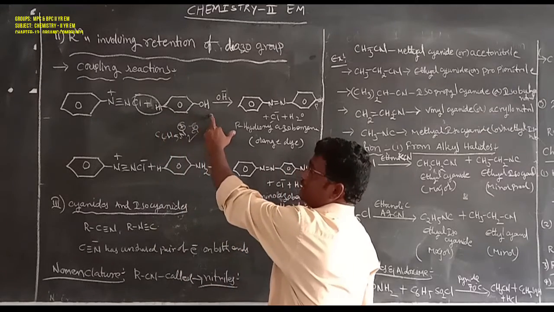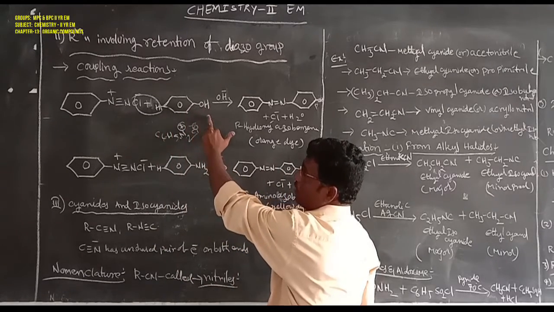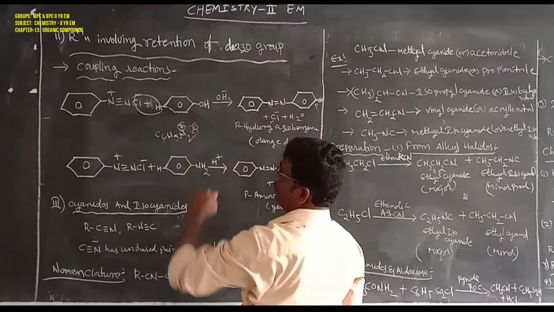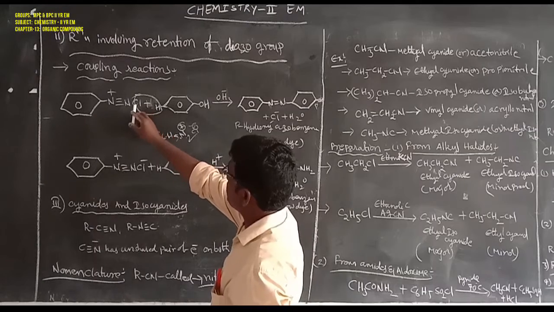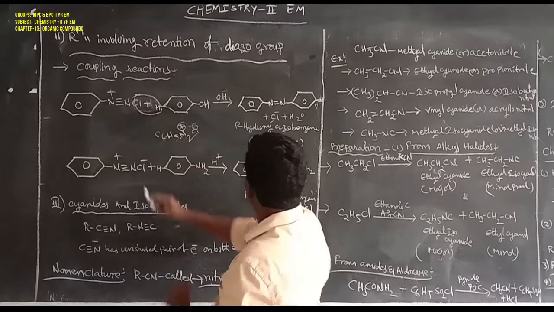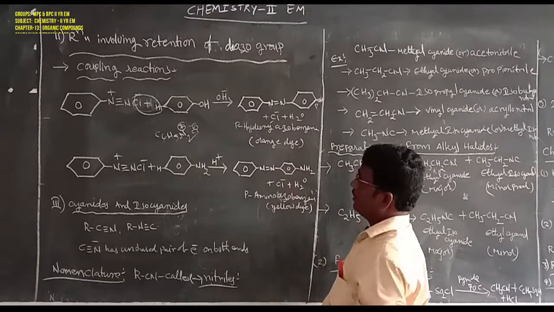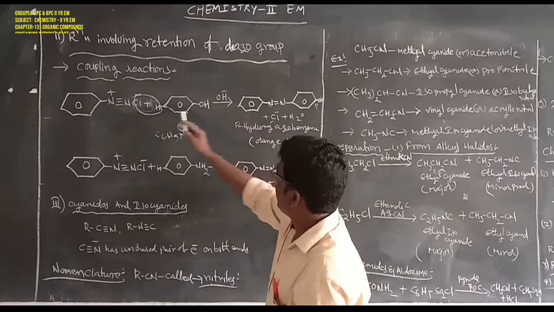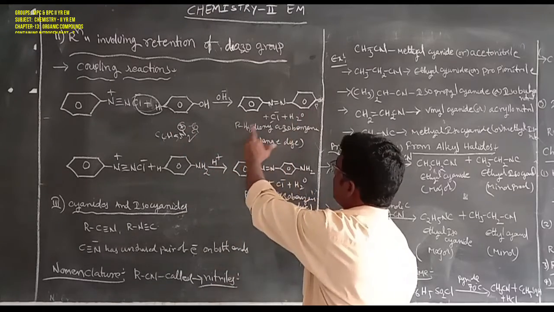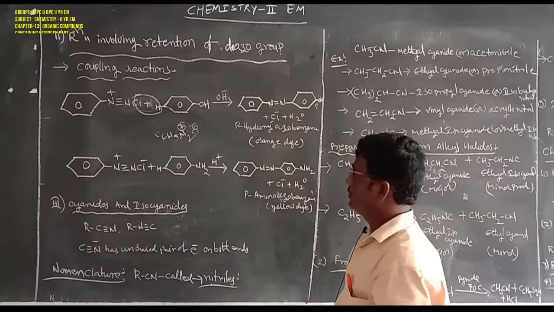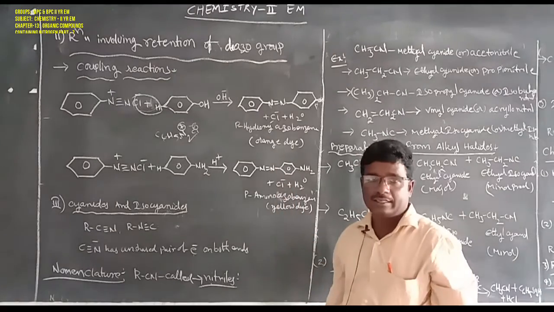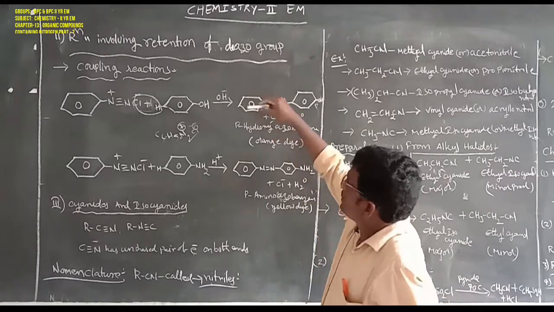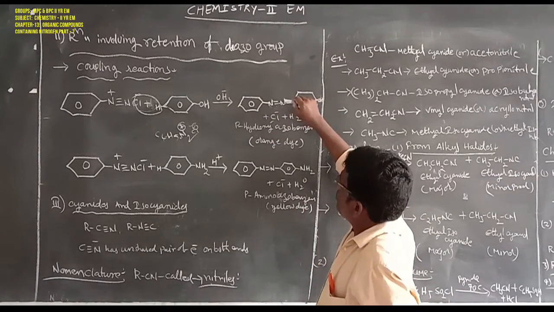It is treated with phenol, benzene bonded with OH, in the presence of base. The H and Cl are removed, forming hydrochloric acid. Then benzene bonded with N double bond N and the other benzene gives para hydroxy azobenzene, an orange dye. This reaction is called a coupling reaction, involving retention of the azo group, N double bond N.